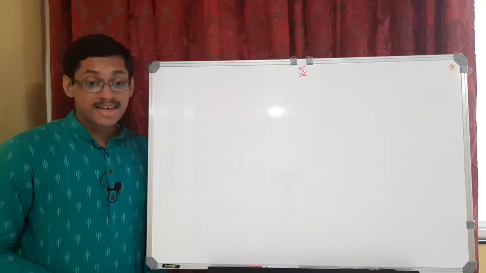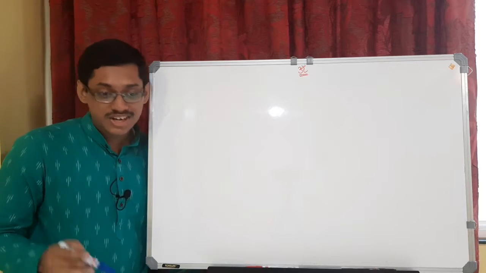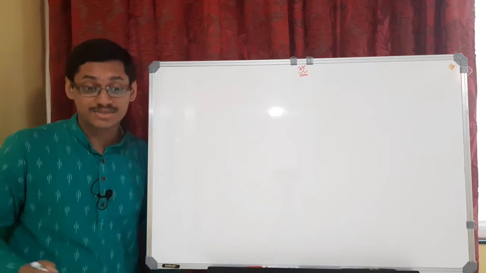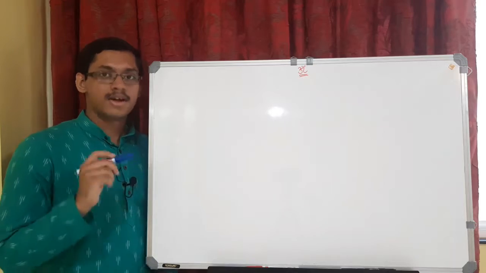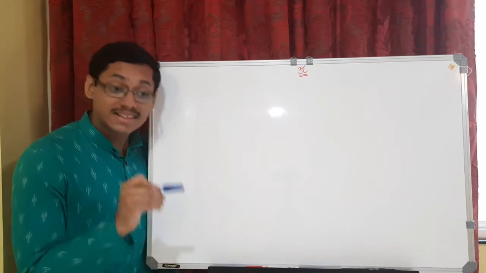Hello, sir. Do you know the types of triangles based on the lengths of the sides? Yes, sir. Scalene triangle, isosceles triangle, and equilateral triangle. Okay. Can you define them? Yes, sir.